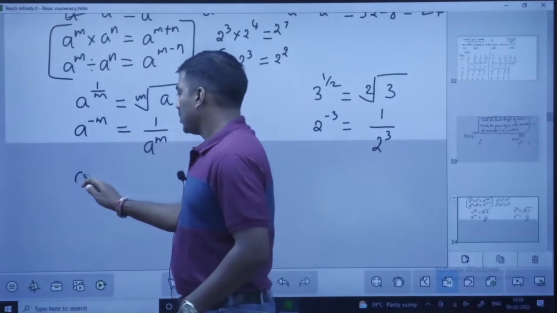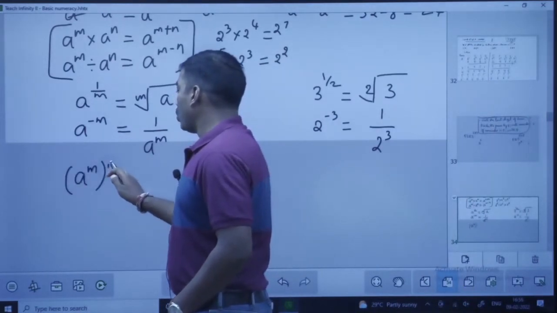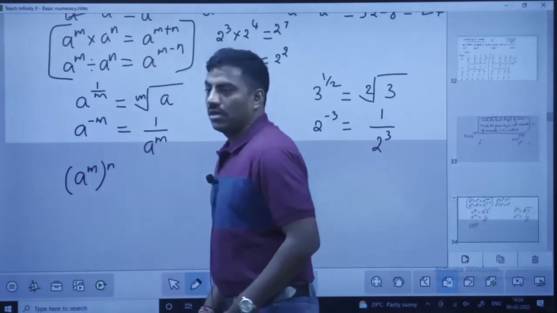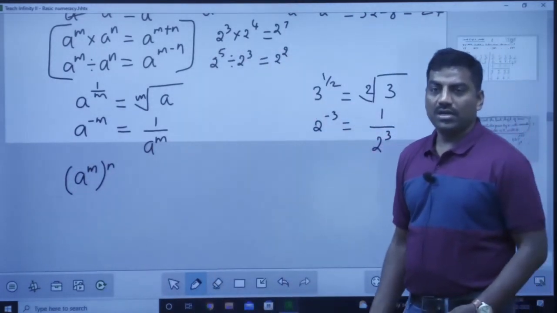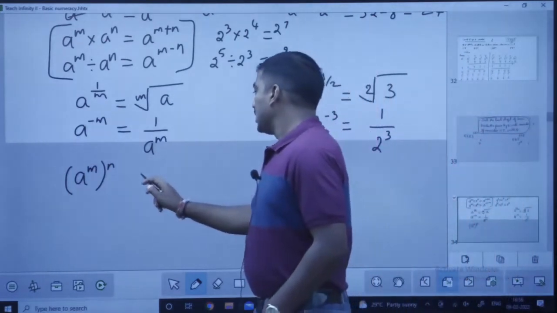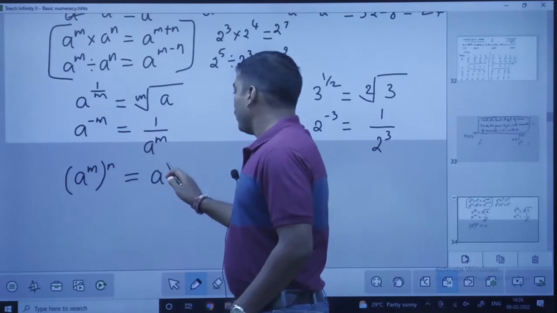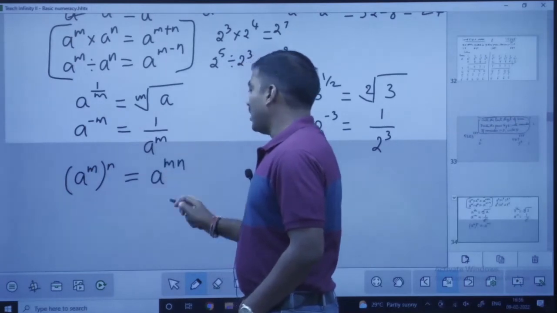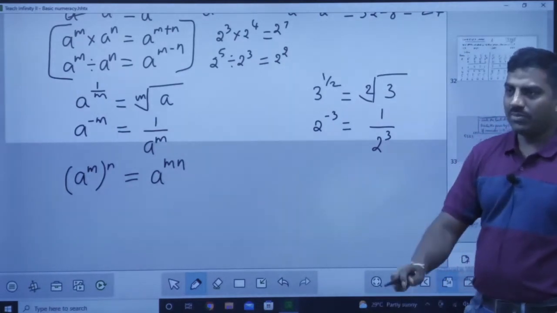One more thing. a to the power of m whole to the power of n is equal to a to the power of mn, or m into n. So these many things you have to remember.